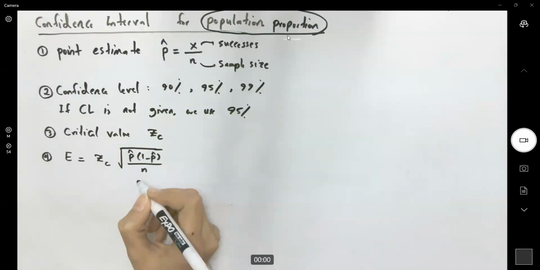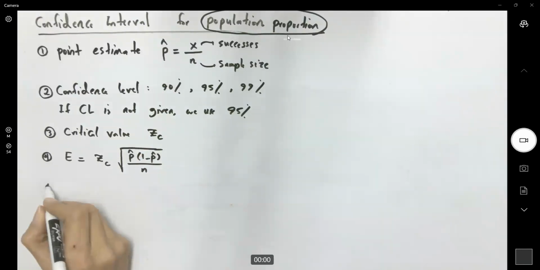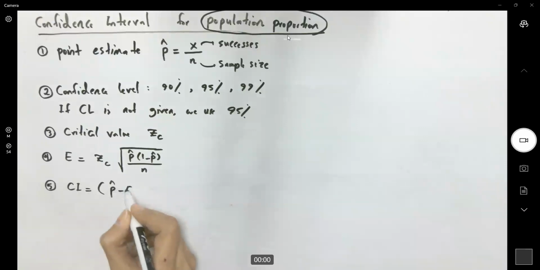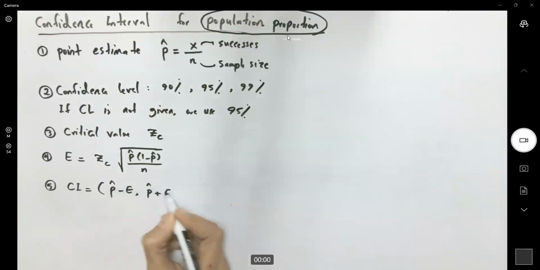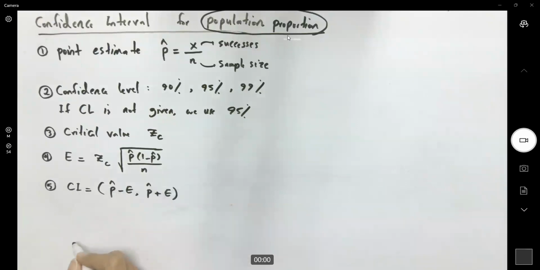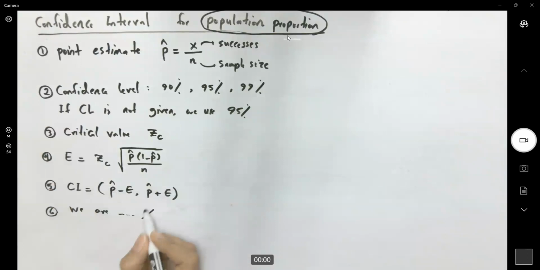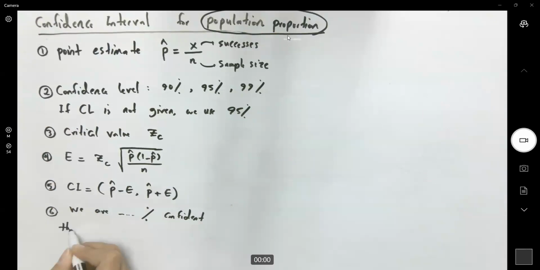After finding the margin of error, then we can construct our confidence interval. The confidence interval is equal to p hat minus the margin of error and p hat plus the margin of error. And eventually, in the final step, we say that we are blank % confident that our population proportion is bounded between p hat minus e and p hat plus e.